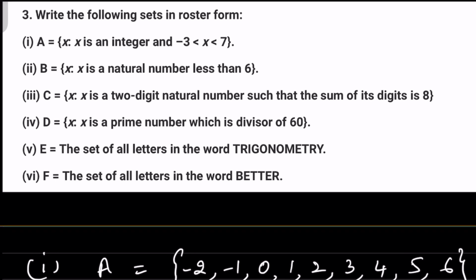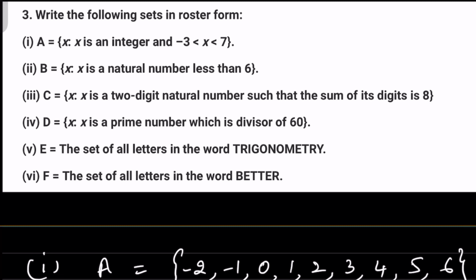Next, it's given in the set builder form, we are writing in the roster form. Next, B is equal to {x such that x is a natural number less than 6}. In my previous video I have given the basic concepts of sets. You can go into the description, look into the link and follow those steps, wherein I have shown how to write in roster form and how to write in set builder form.